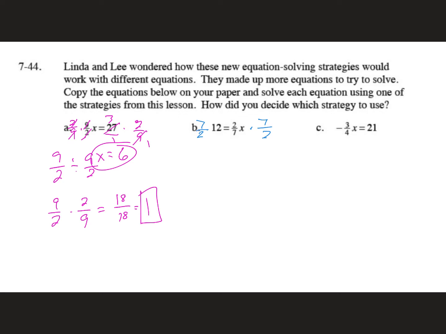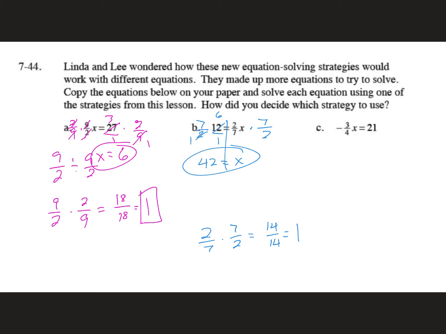And again, the reason why we multiply by the reciprocal is because 2/7 times 7 over 2 is going to equal 14 over 14, which is going to equal 1. All right, so that's going to leave me with x on this side, and then this is 12 over 1. So 2 becomes a 1. 12 divided by 2 is 6. 6 times 7 brings me to 42.